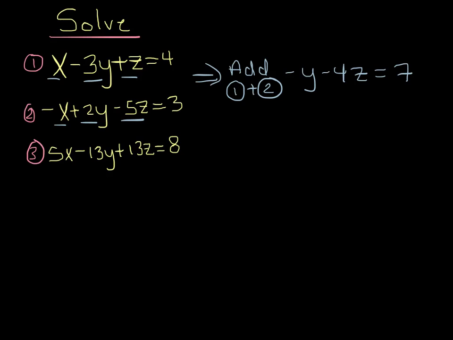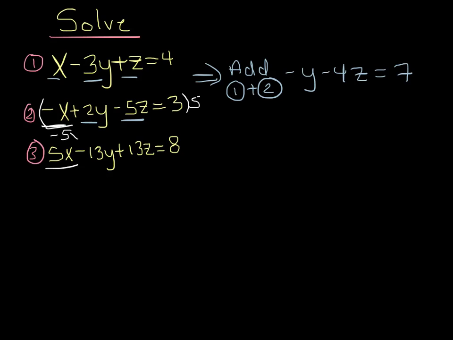Alright, so we added those two equations together and now the x variable is gone. We'd like another equation without x, and so maybe the way to do that is, I've got a negative x here and I've got a 5x here, but if I just multiply equation 2 by a 5, so let's multiply it by a 5, and I'm just going to write the result below.